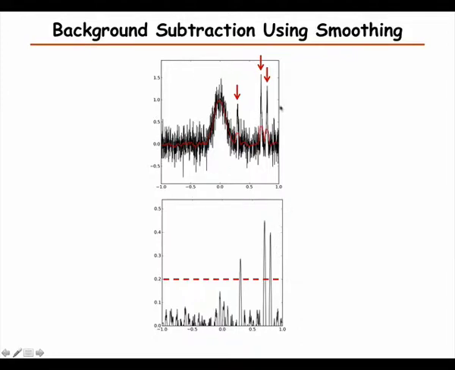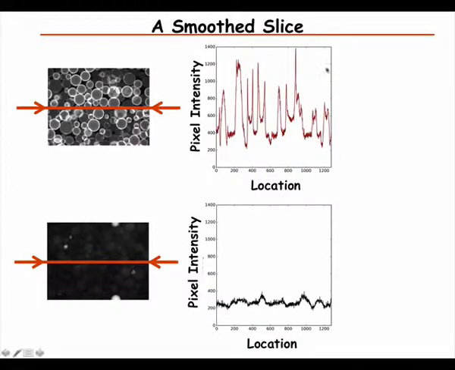So we're going to exactly apply this technique to these images of these beads. If we look at the same slice again, we have the experiment with the thin peaks, and we have the background.